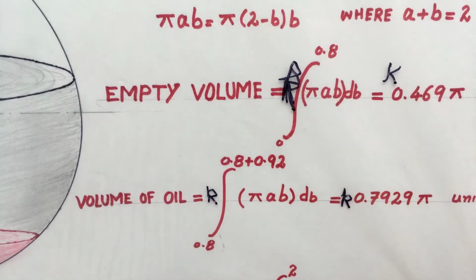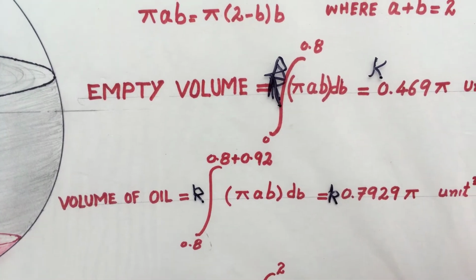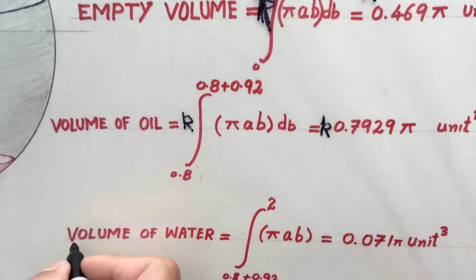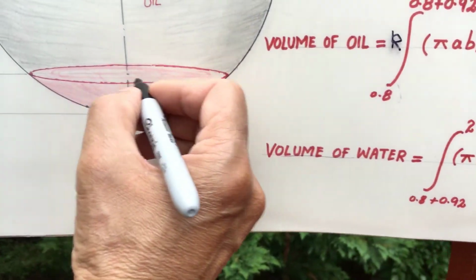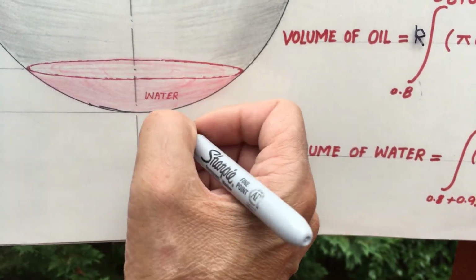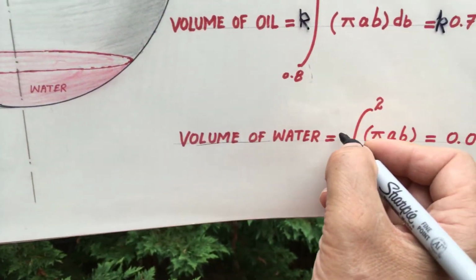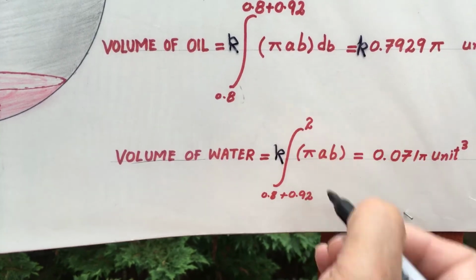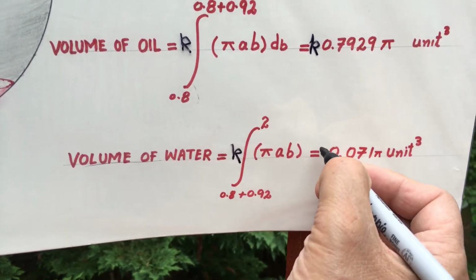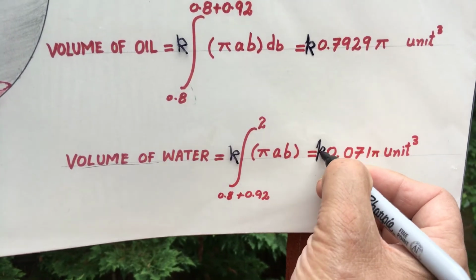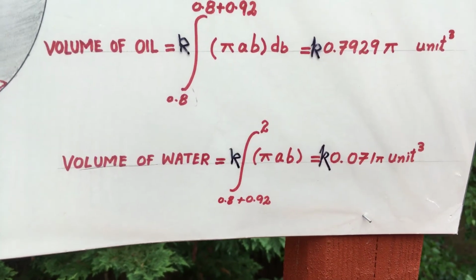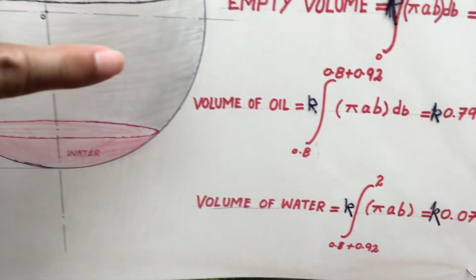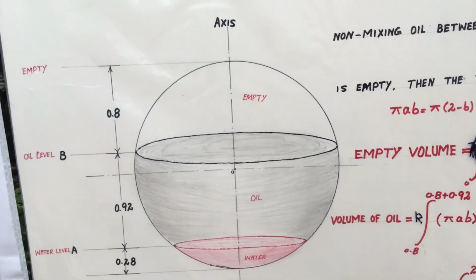You just have to multiply with k, which is the semi-major axis divided by semi-minor axis, and the volume of the water in the transformed ellipsoid will be k times the other integral. So it's only the factor k which we introduce, which will transform the sphere into an ellipsoid.